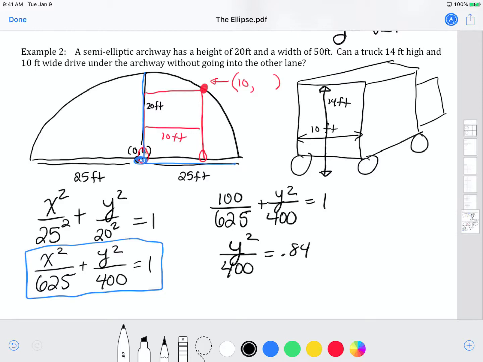0.84. Now I'm going to multiply both sides by 400, and I get y squared is equal to 336. So now I have to square root both sides, and I get plus or minus the square root of 336. Now, because we're talking about distance, we're only going to worry about the positive value of this.